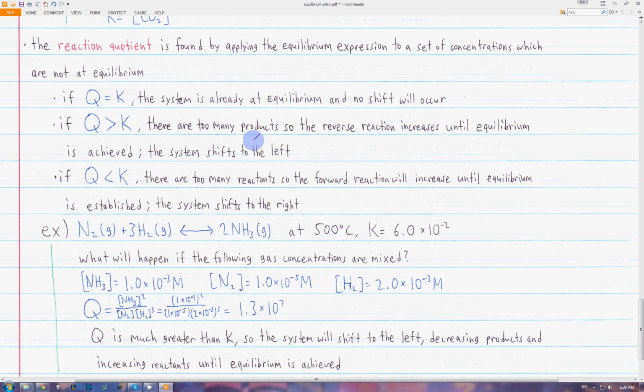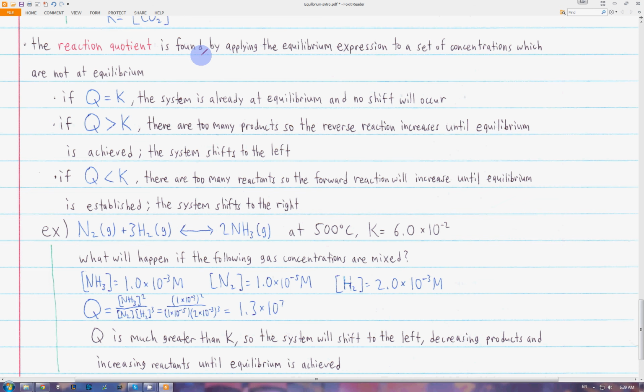So this is useful because we can plug the initial concentrations of reactants and products into the equilibrium expression, and based on the reaction quotient, we can find out which way the reaction will shift to reach equilibrium. So if the reaction quotient Q is equal to the equilibrium constant K, then we know that the system is actually already at equilibrium and no shift will occur.